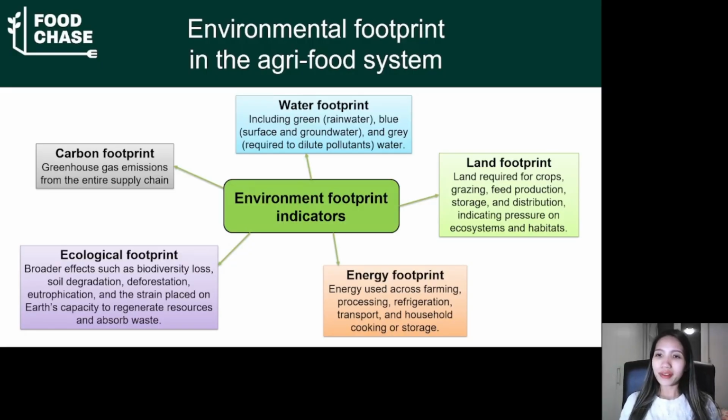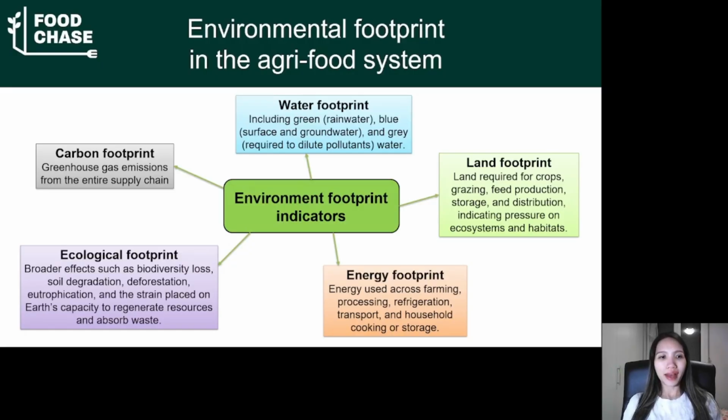Land footprint is about the land required for crop growing, feed production, storage, and distribution, indicating the pressure on ecosystem and habitat. Energy footprint is about the energy used across farming, processing, refrigeration, transport, and household cooking or storage.